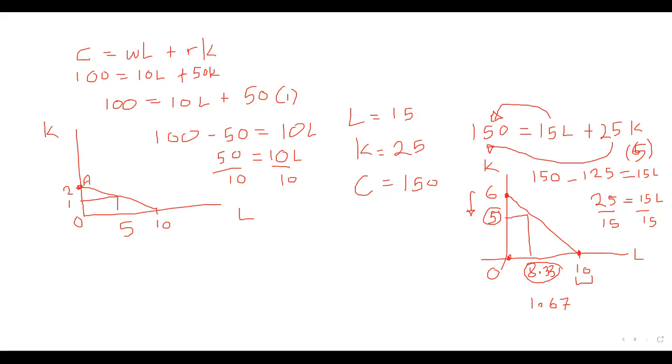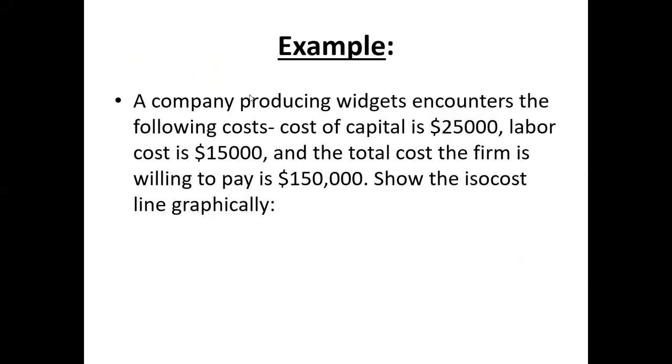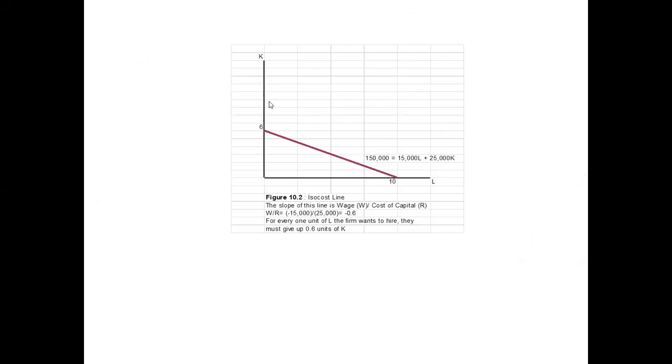So our isocost in this question becomes the curve at 6 and at 10. So the 150,000 is equal to 15L plus 25,000K. If we're going to calculate what we call our marginal rate of substitution, what is the marginal rate of substitution?